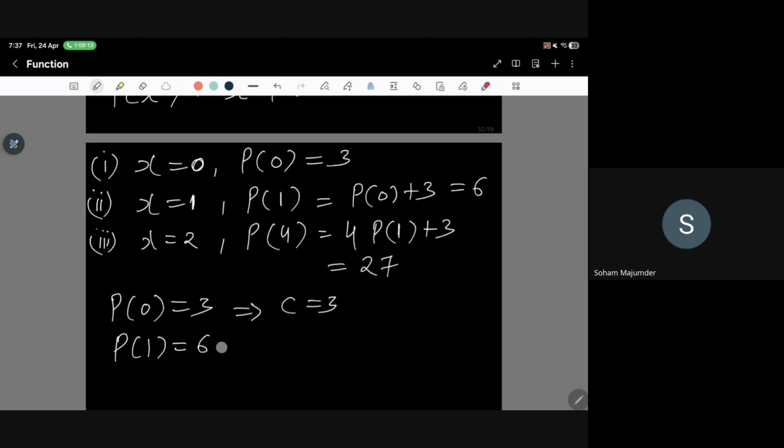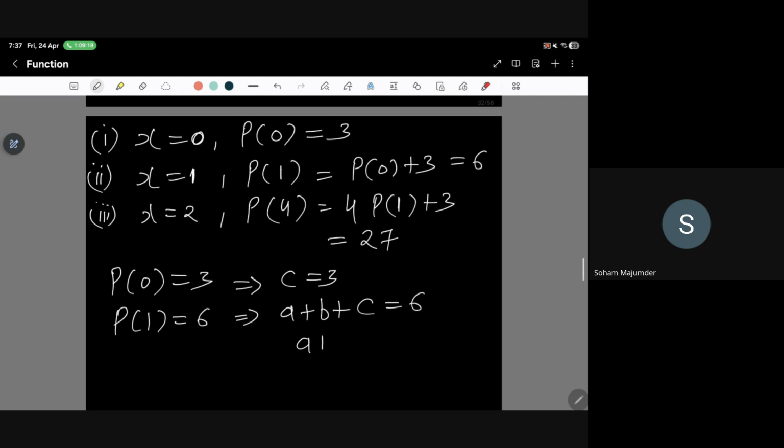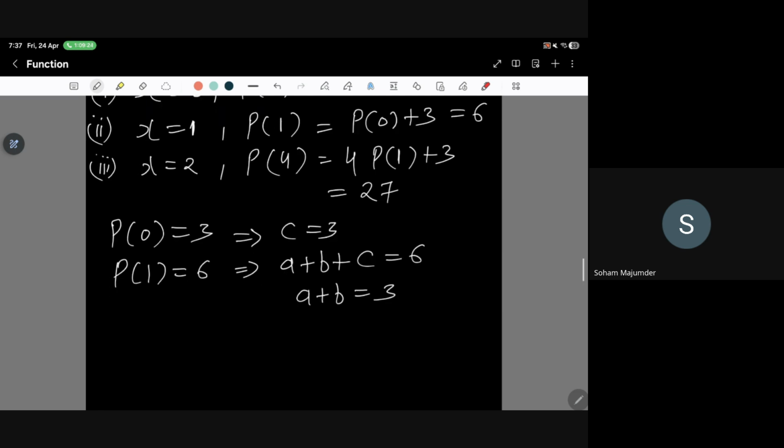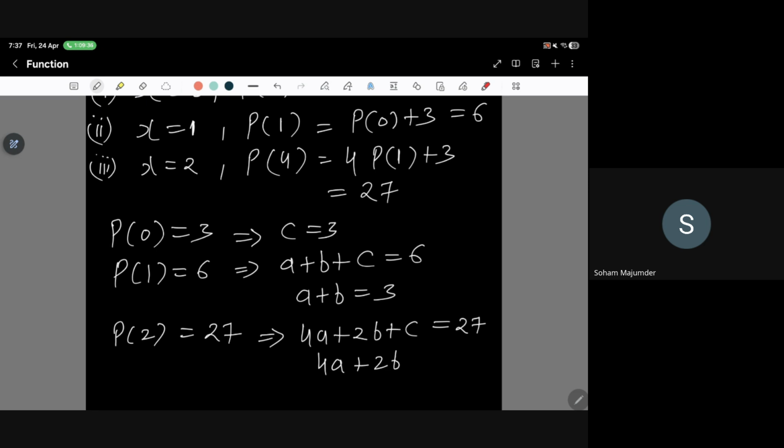When you substitute x equal to 1 in the polynomial, c is 3, so a plus b comes out to be 3. P of 2 is 27. So when you substitute 2, 4a plus 2b plus c, with c being 3, becomes 24.